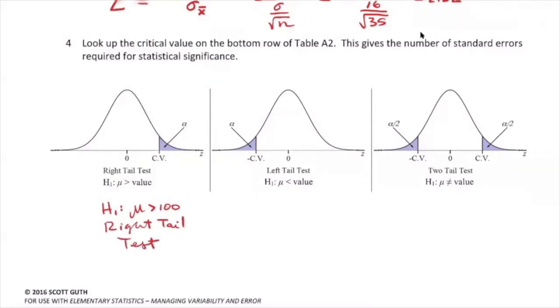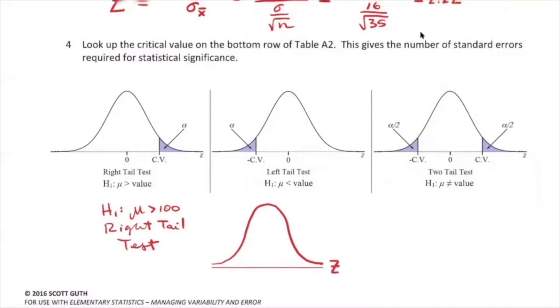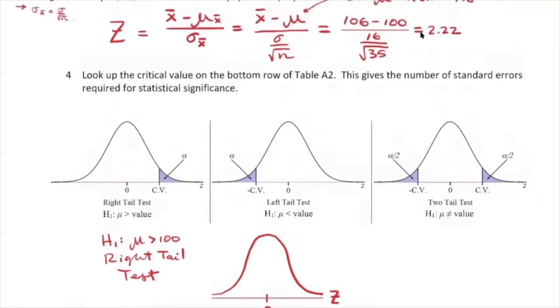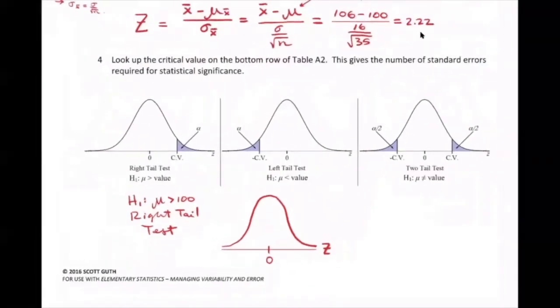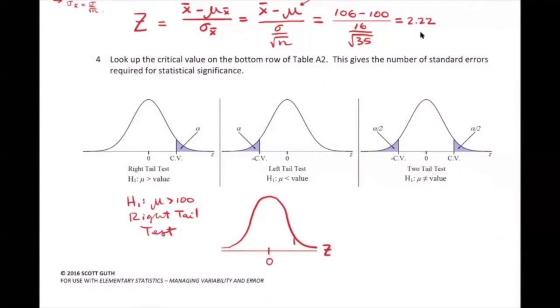We'll draw a distribution here, label it Z. Z is centered at 0, and our test statistic was 2.22. Oh, no, I'm sorry, this is the critical value, my bad. So we're trying to find the critical value.